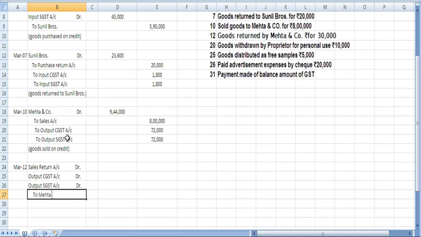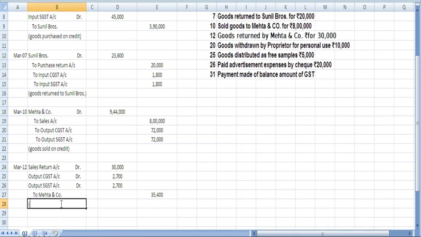To Mehta and company. So here the sales return is for 30,000, and 9% of 30,000 is 2,700, and again here 9% will be 2,700. So the total of all these three will come to 35,400.